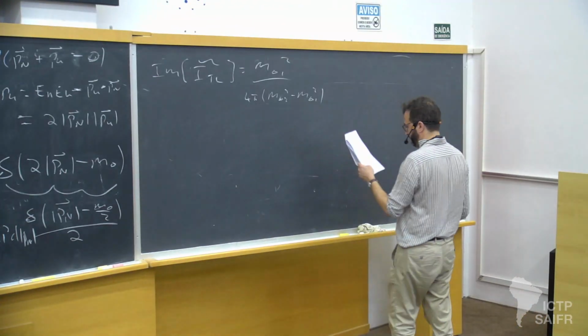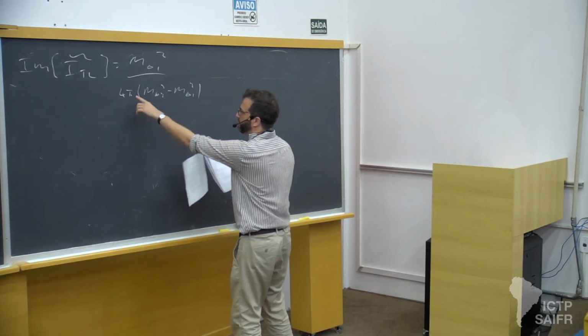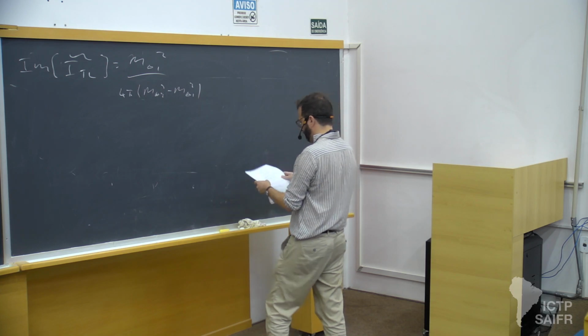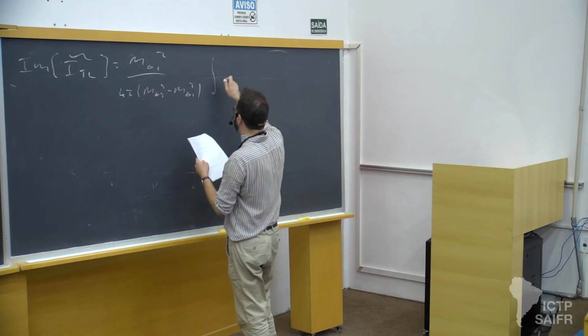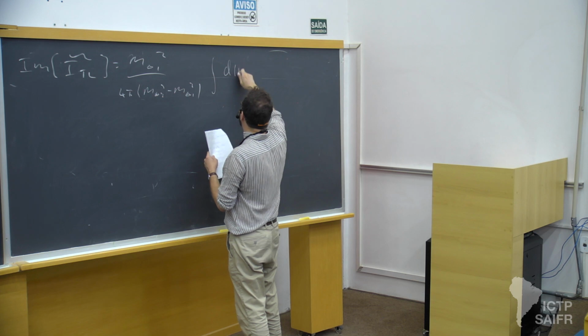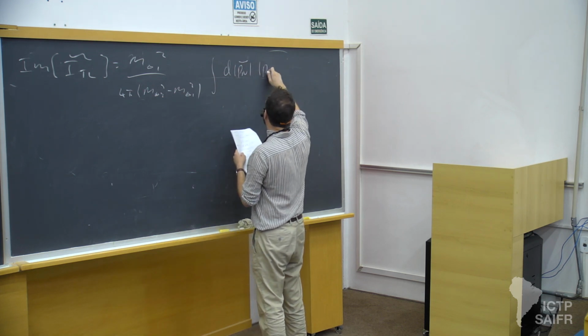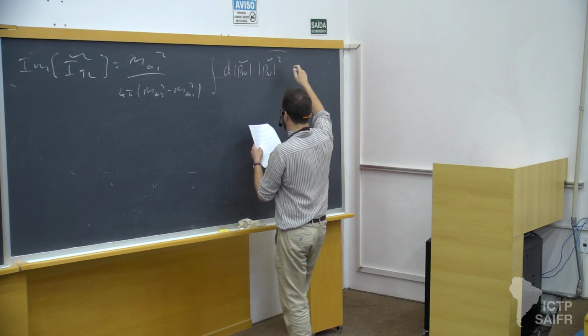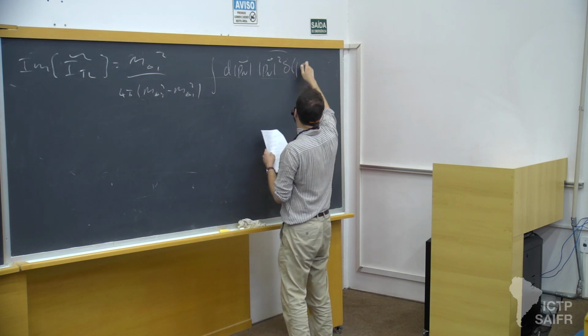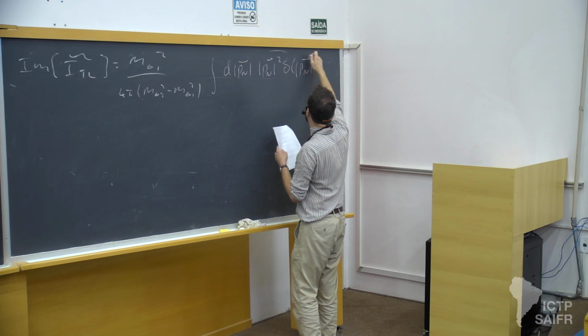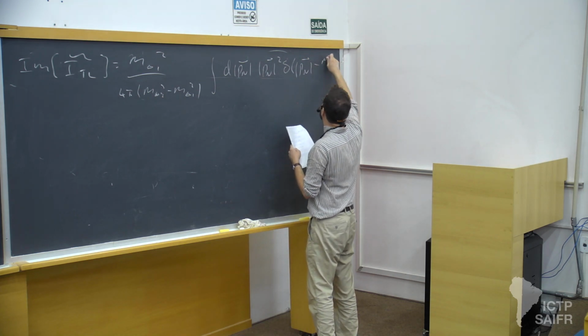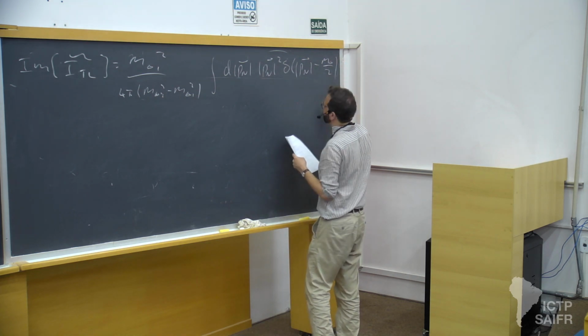So then when you group things together, you'll find the overall factor here, okay? And then we'll have an integral dpn pn squared delta pn minus m delta on 2, okay?